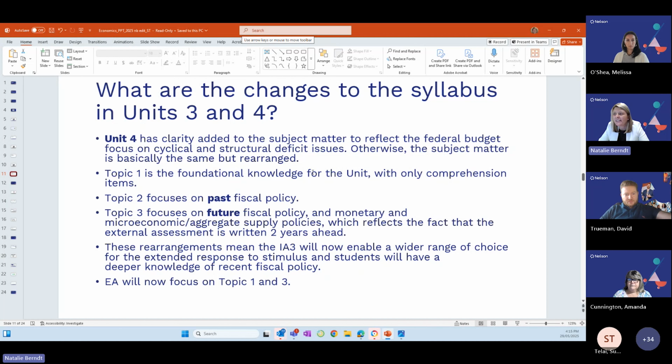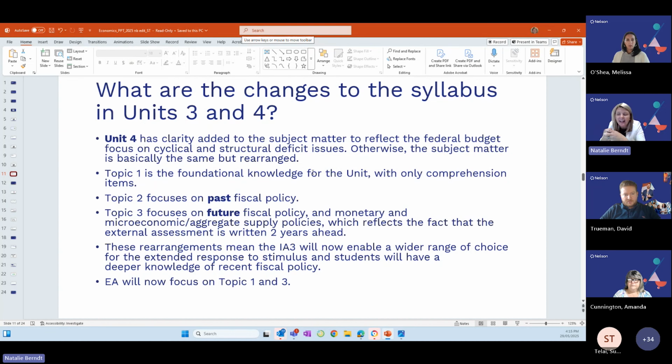So we now have this kind of budget focus, and we're looking at the difference between cyclical issues in the budget and structural issues. And there's always that fabulous part in the book where we do break the budget down, and you can see that, which is always a really good way. So even as we move on in time, you can get that page in the budget and really work it through with your students as to what part of this is cyclical and what part of this is structural.